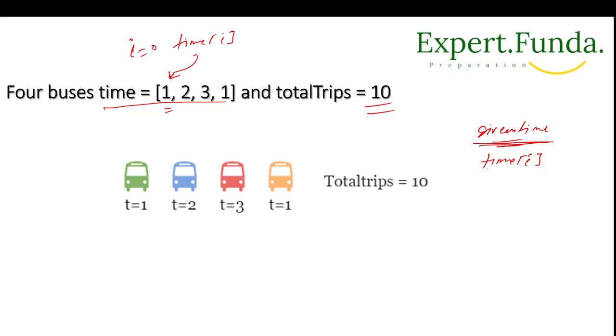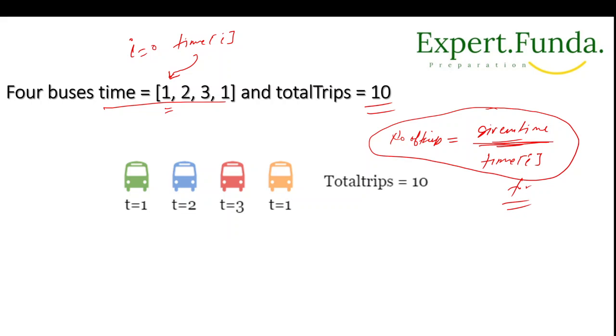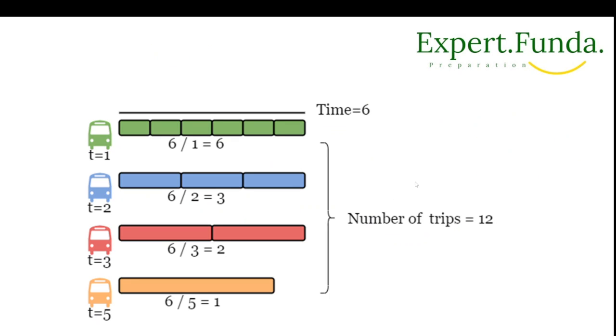So the number of trips is the given time divided by time at i, the element. Thus the total number of trips is the sum of this over all the buses. Say we have t equal to 1, 2, 3, 1, and the given time is 6.